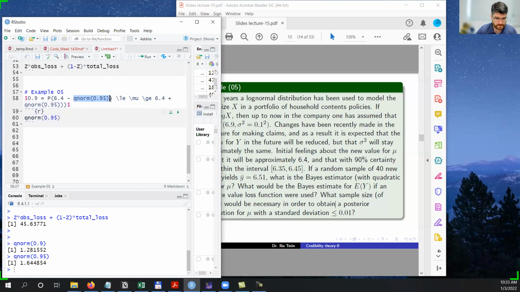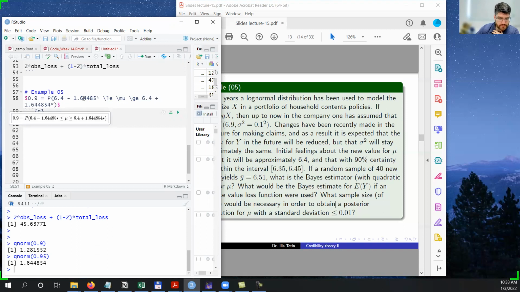What am I missing here? Who can find out what I am missing in this formula? There should be some parameter over here.